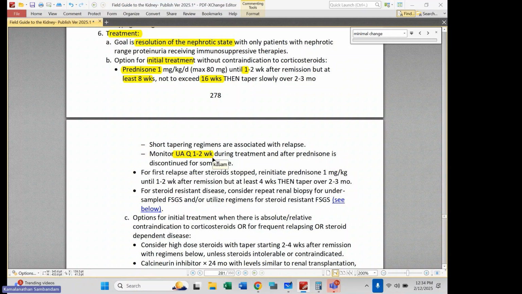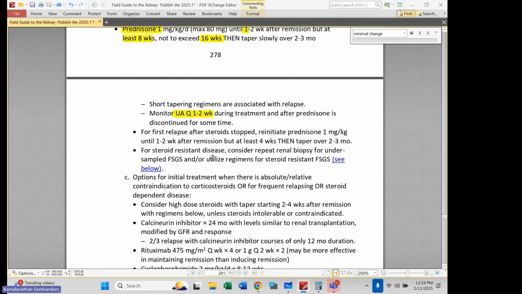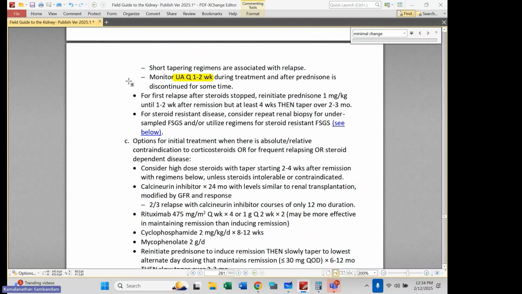That is a strategy that is used, particularly in the pediatric patient or even the frequently relapsing adult. But again, frequently relapsing is more of a pediatric presentation. But that is worth considering. I've used it in a minority of patients.